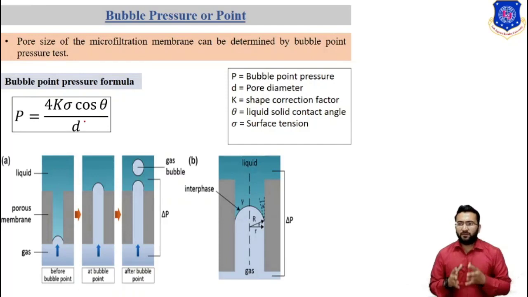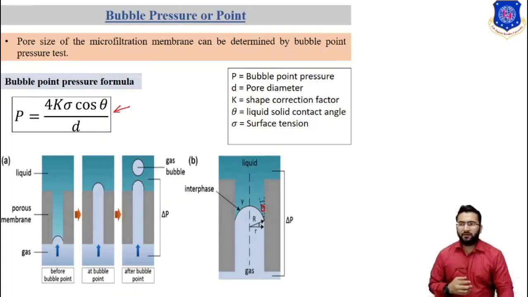Using the Cantor equation, we can calculate the bubble point pressure: P is equal to 4K sigma cos theta upon D, where P is the bubble point pressure, D is the pore diameter, capital K is a shape correction factor, theta is the liquid-solid contact angle, and sigma is the surface tension of that particular liquid.